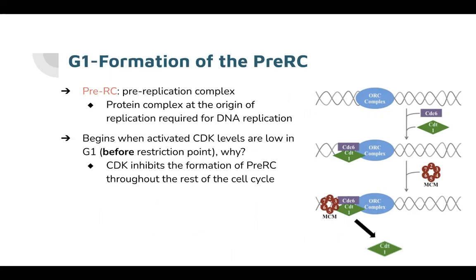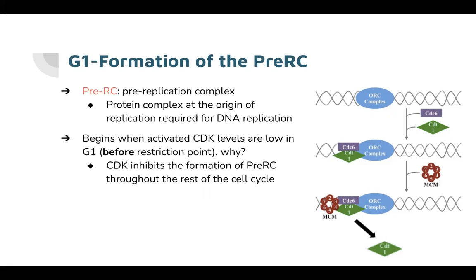I think that's actually the next slide. But as I said before, the pre-replication complex can only form when CDK levels are low, which only happens at the beginning of G1.